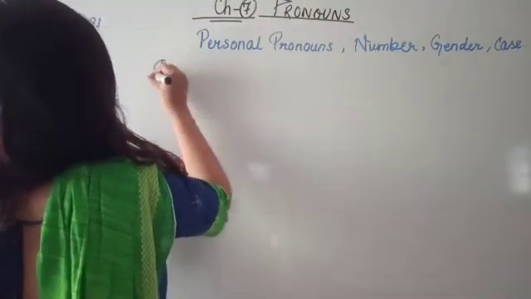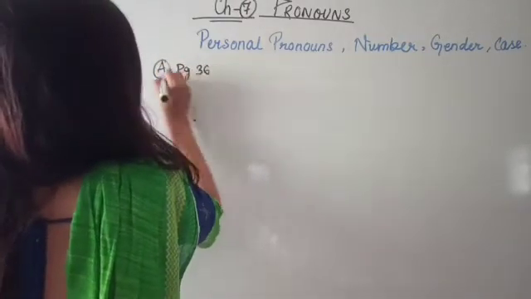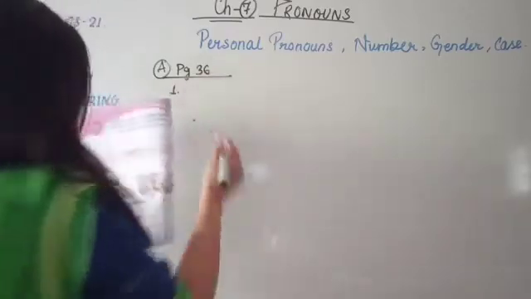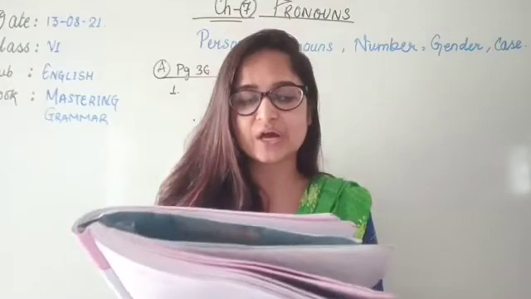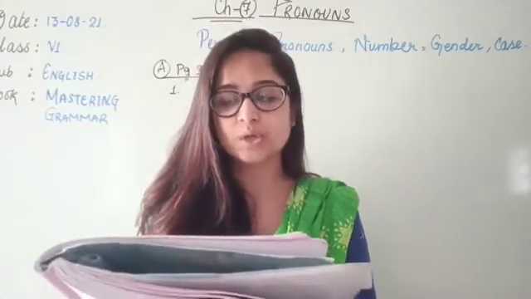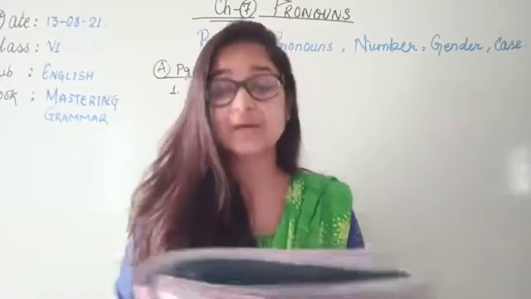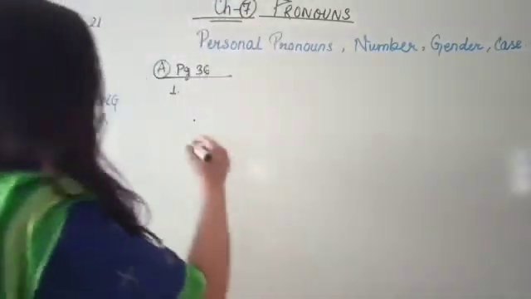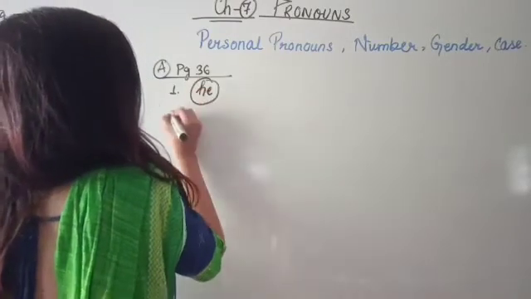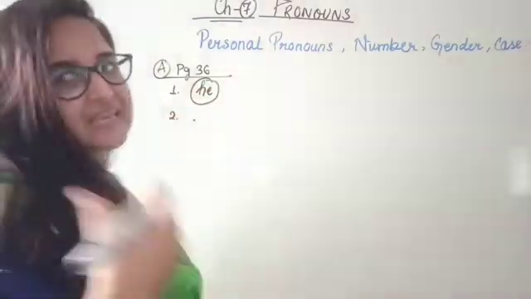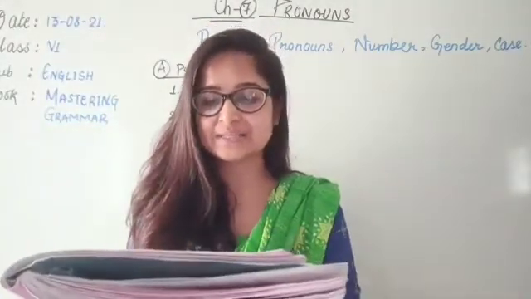Now exercise A, page 36, and we are going to begin this exercise. Jay is too young to go to school alone, so he goes to school with Raghu. He, because I am using he in place of Jay. I am not saying Jay again. Rita and Sita are twins.